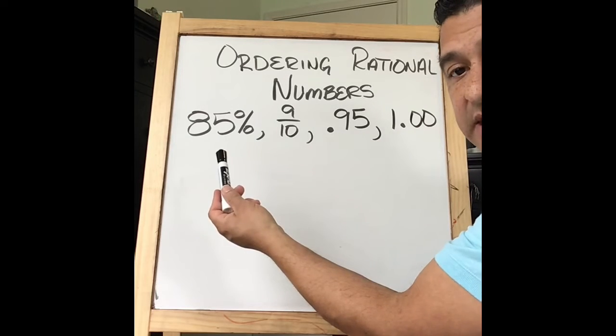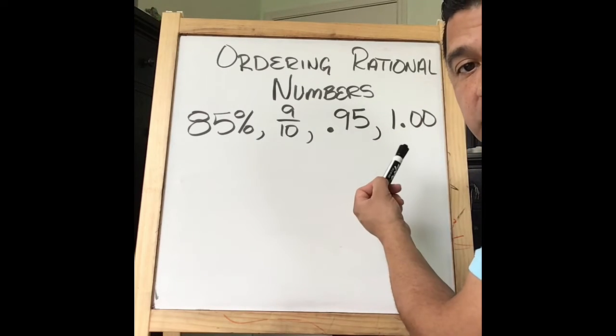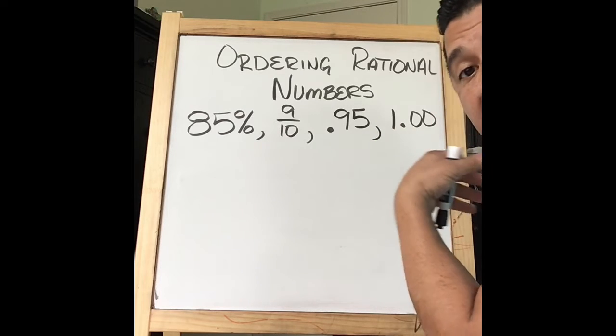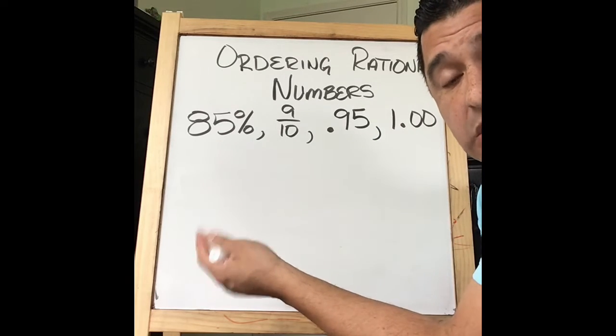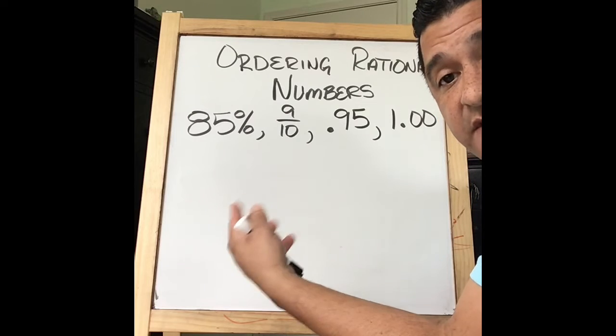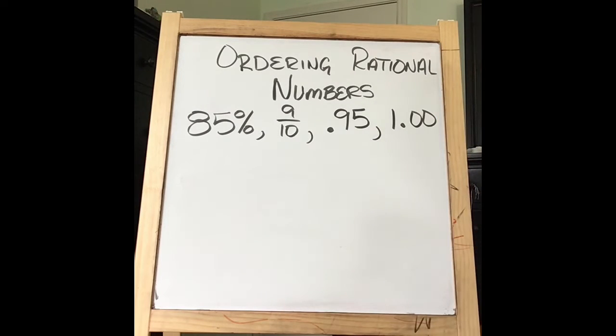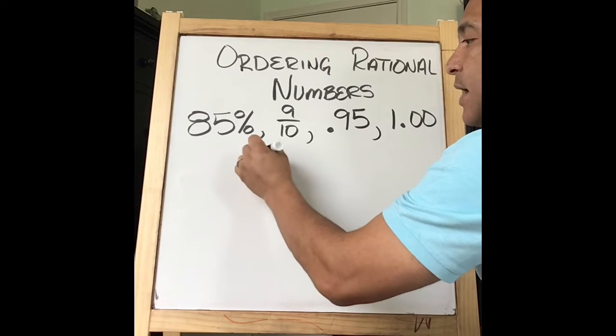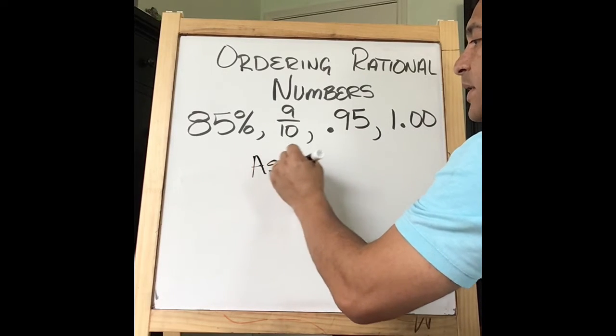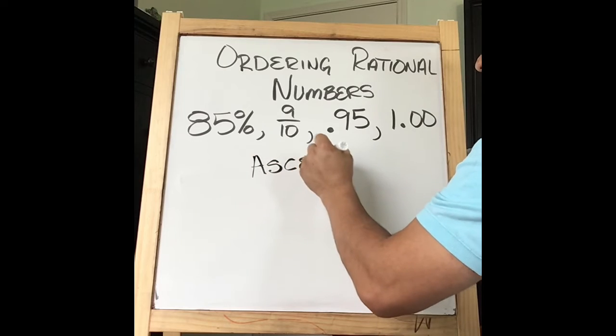We have a percent, we have a fraction, we have decimals. So how would I want to arrange these so it's easier for me to go from smallest to greatest or greatest to smallest? So let's say I want them to go ascending. I mean, I want them to go higher. Ascending.